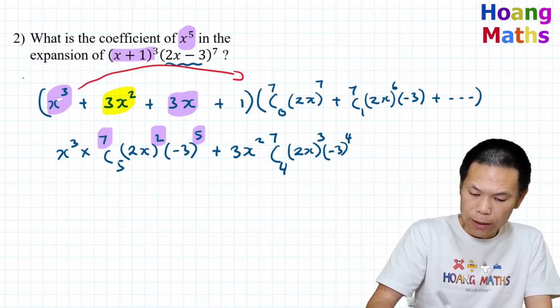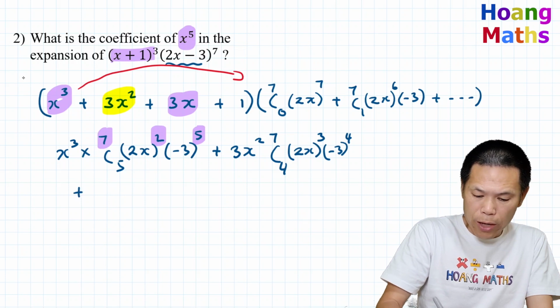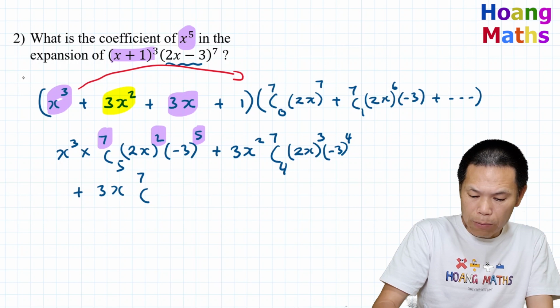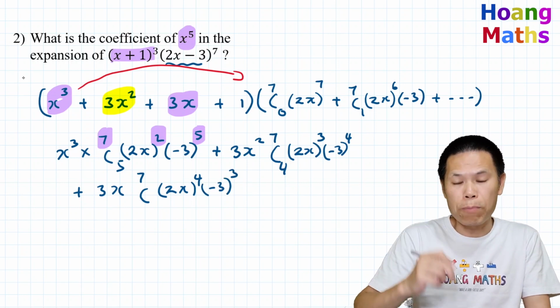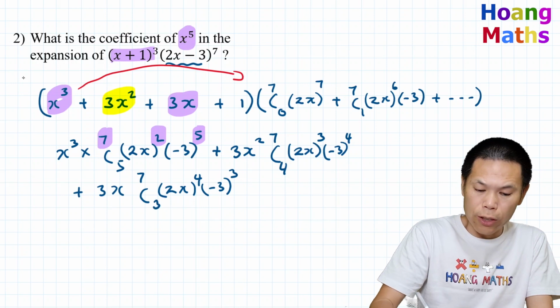So we add, let me just write down here. We add 3x, and then we times 7c, let me just write this first, (2x) power 4. Therefore, this must be negative 3 power 3, because 4 plus 3 is 7. So that must be c3.